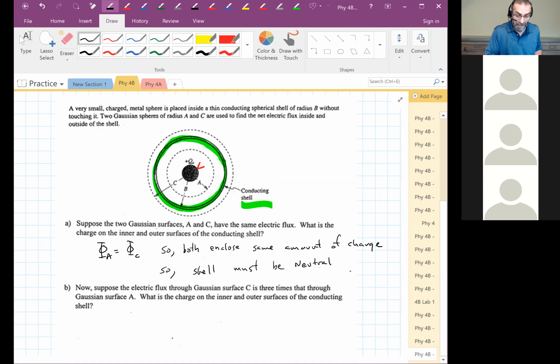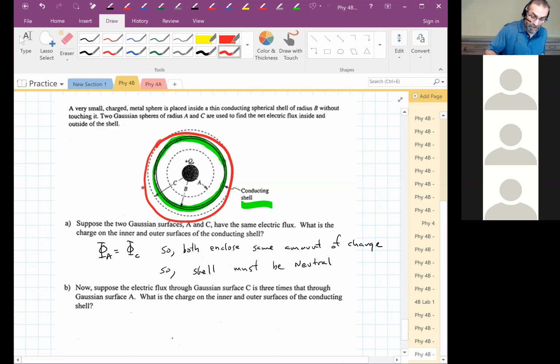The flux through A is proportional to the charge inside of A, and it has capital Q charge enclosed. The flux through C is proportional to the charge inside of C, and it's the same as A. So the only way they could both have the same charge is if that shell is neutral. So if it's neutral, then we can find the inner and outer, right? What does the inner have to equal?